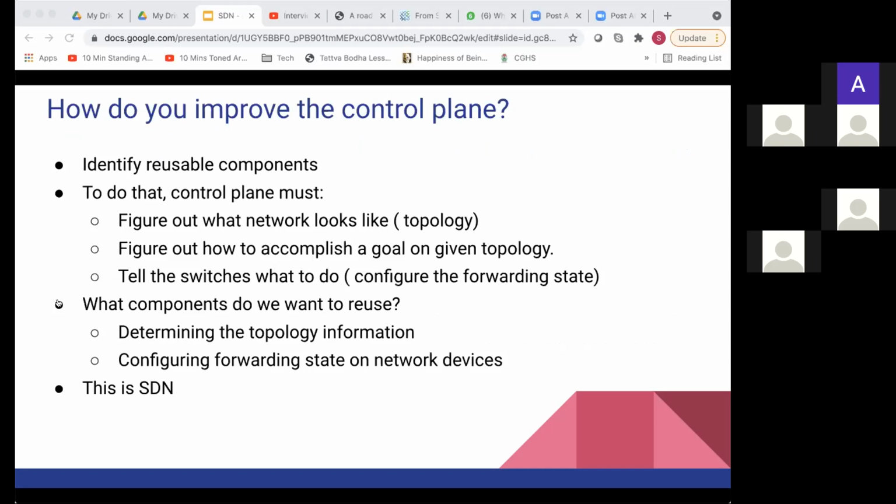Bringing in the internet concept of dividing layers into a control plane is the key part. Yes, exactly. The internet's success was because of the way the packets are routed in layers, and that abstraction helped.